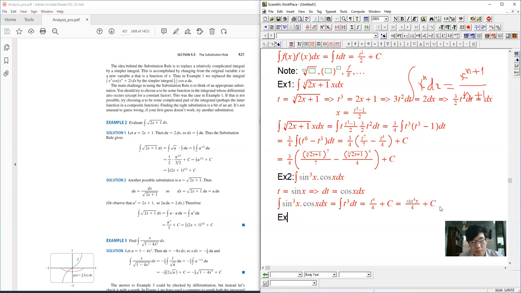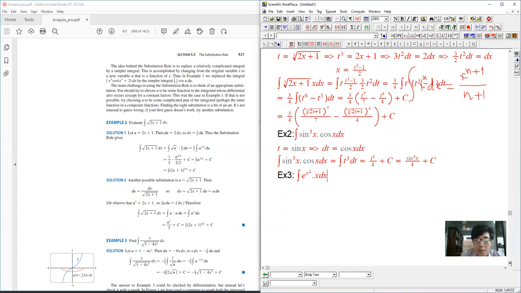Another example is the integration of e power s squared times s ds. We see that if we put t equal to s squared, the derivative gives dt equal to 2s ds, so we divide by 2 and get 1/2 dt equal s ds.